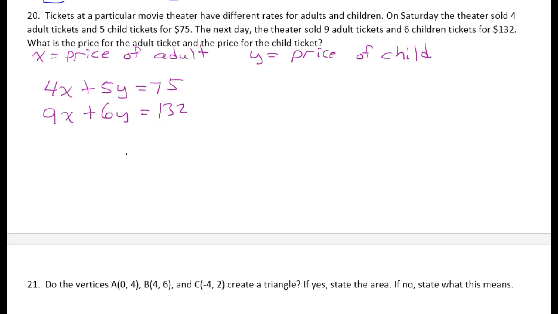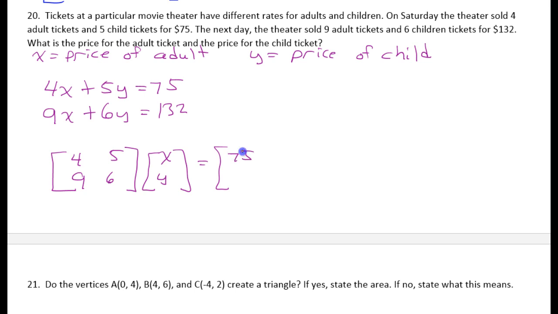So we can easily make a matrix equation out of this. 4, 5, 9, 6 with the coefficients. X, Y for the variables, and then a third matrix, 75 and 132. Okay, this will be matrix A. I'll call this matrix V for the variable matrix, and this will be matrix B.